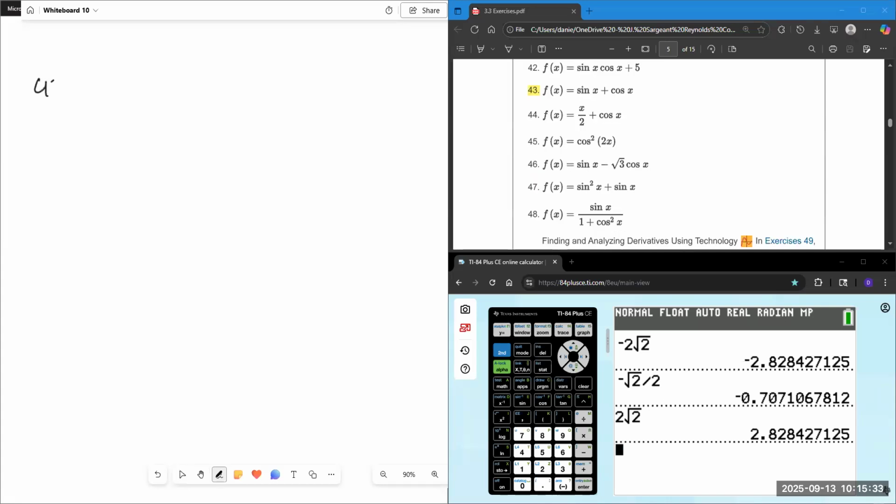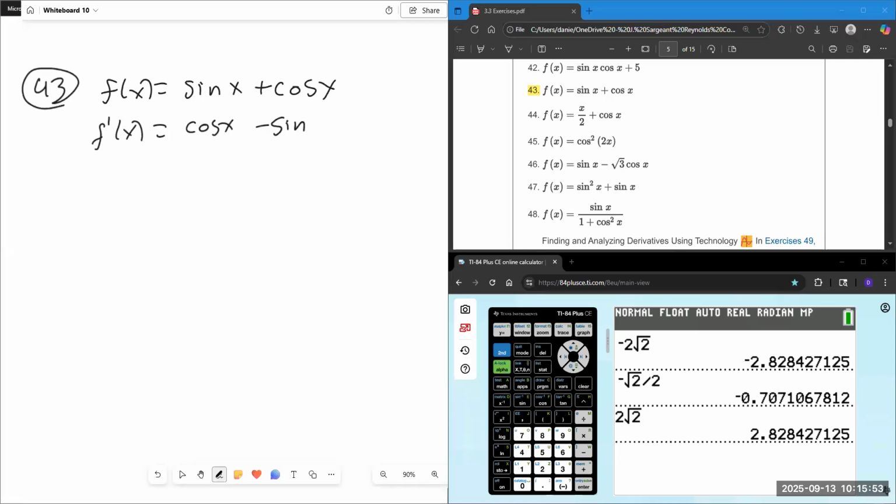Okay, 43 has a little difference in it that we haven't talked about yet. When we do these things, if they contain both sine and cosine, which is why you were assigned this problem. So the derivative of sine is cosine, the derivative of cosine is negative sine.